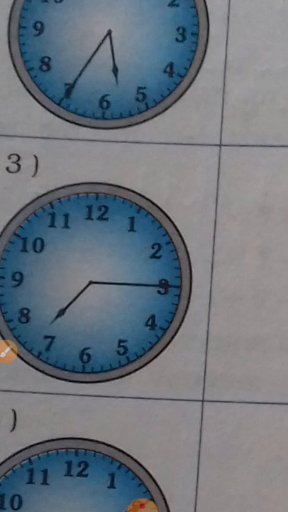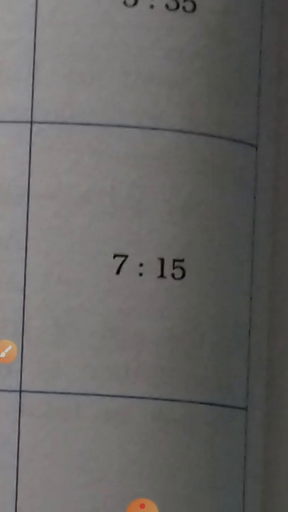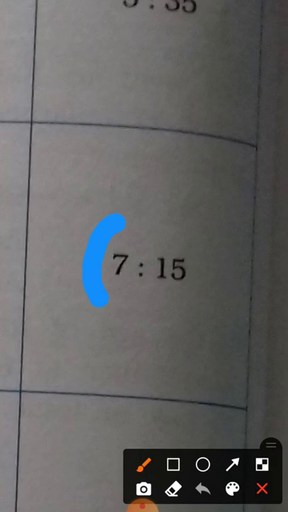The hour hand is between 7 and 8, which means it is 7 o'clock and after 7 o'clock some minutes have passed. The minute hand is on 3, so how many minutes passed? 5 threes are 15, which means it is 7 o'clock and 15 minutes. Yes, here we have to make a circle on 7:15.